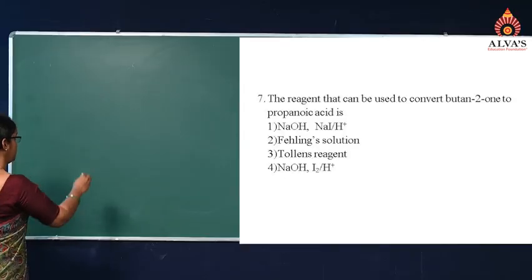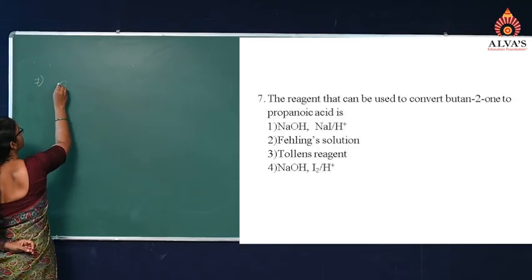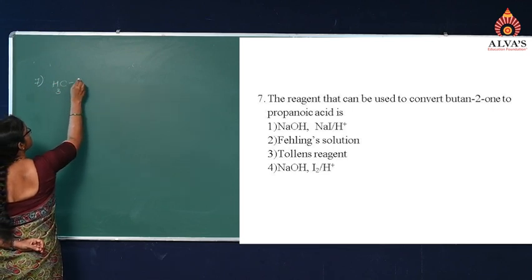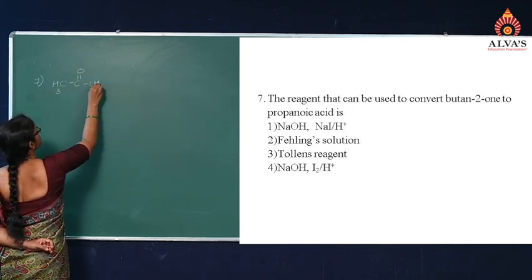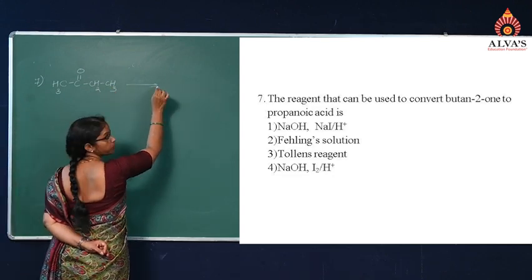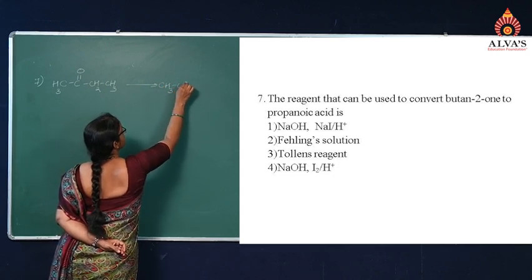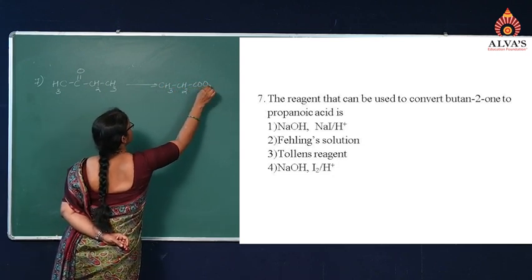Now, for us, we have to convert butan-2-one, CH3, C double bond O, CH2, CH3. And we want to convert it into propanoic acid. So propanoic acid is CH3, CH2, COOH.